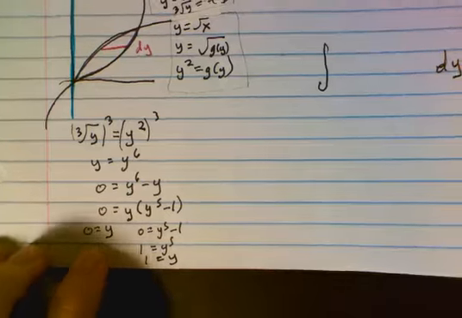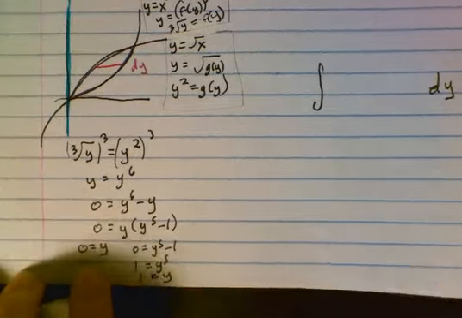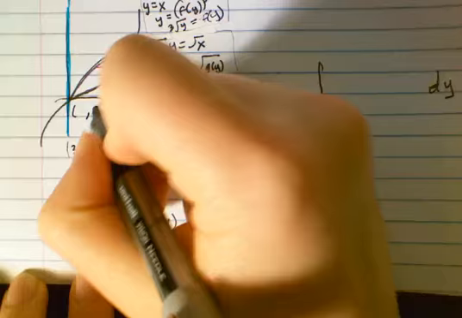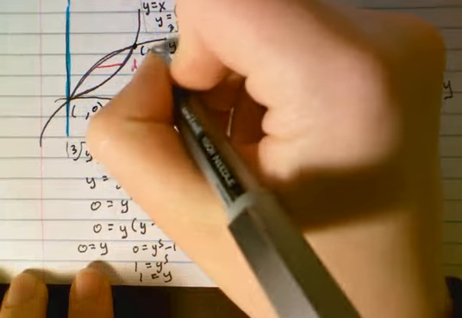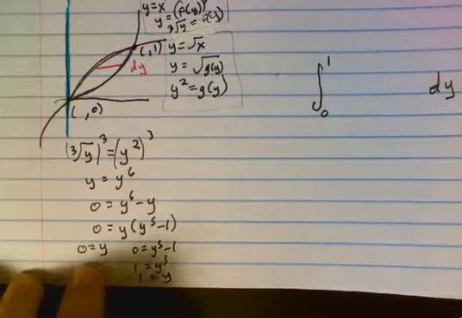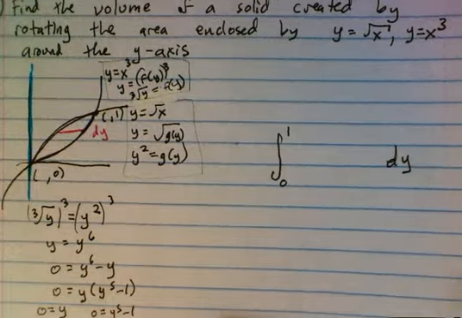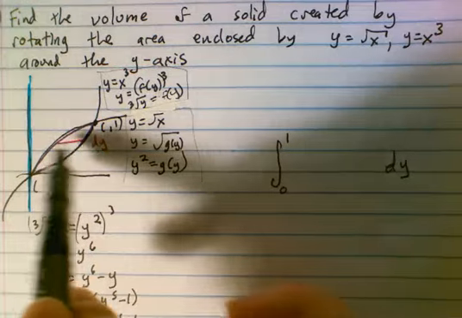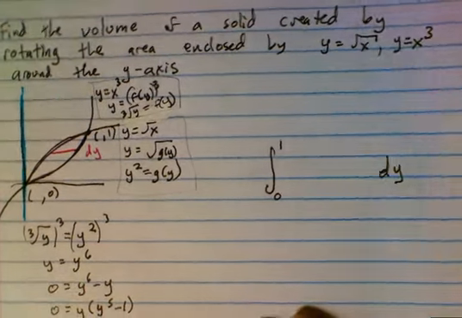So those numbers tend to show up a lot just because they're really convenient. So this is my y value, so that goes from 0 to 1.